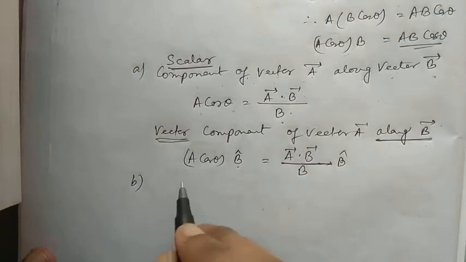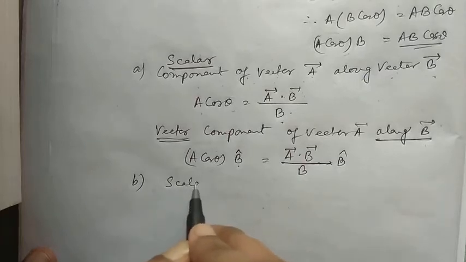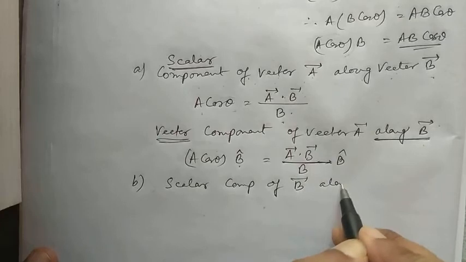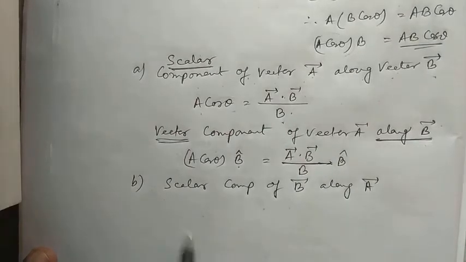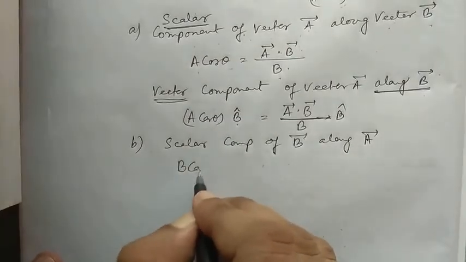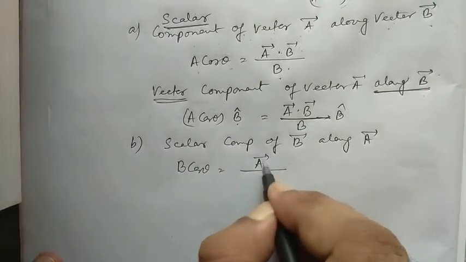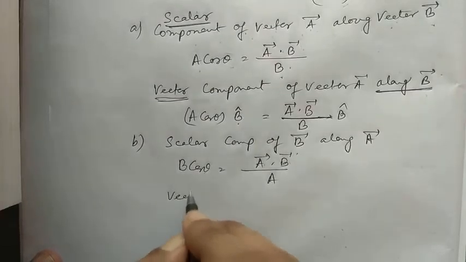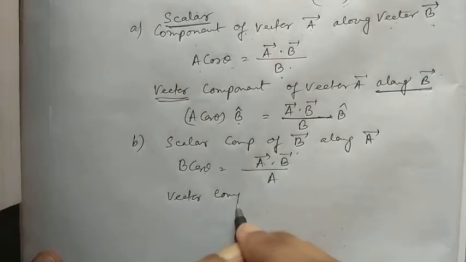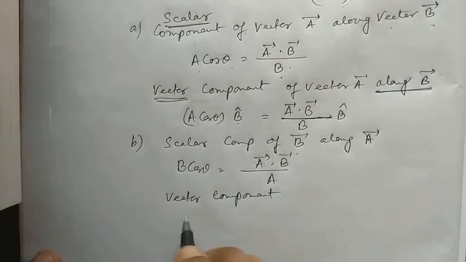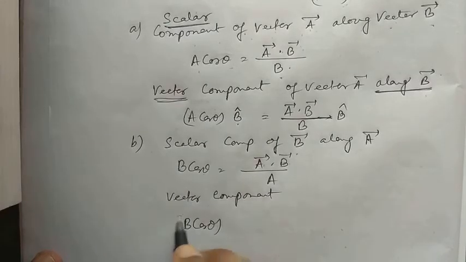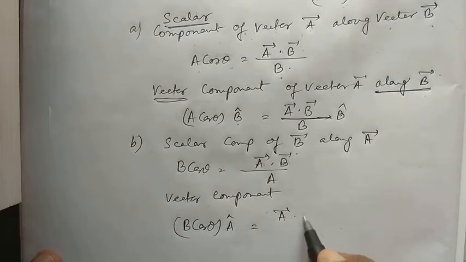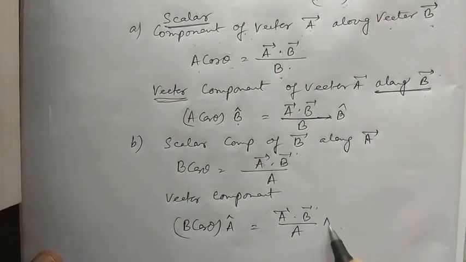Similarly, we can write it for the scalar component of vector B along vector A, that will be B cos theta is equal to A vector dot B vector by A, the magnitude of A, and the vector component will be B cos theta into the unit vector along A, that is A vector dot B vector by A, times A unit vector.